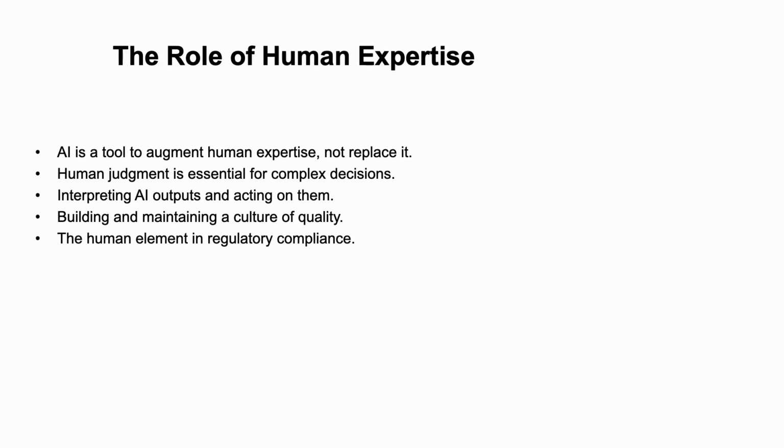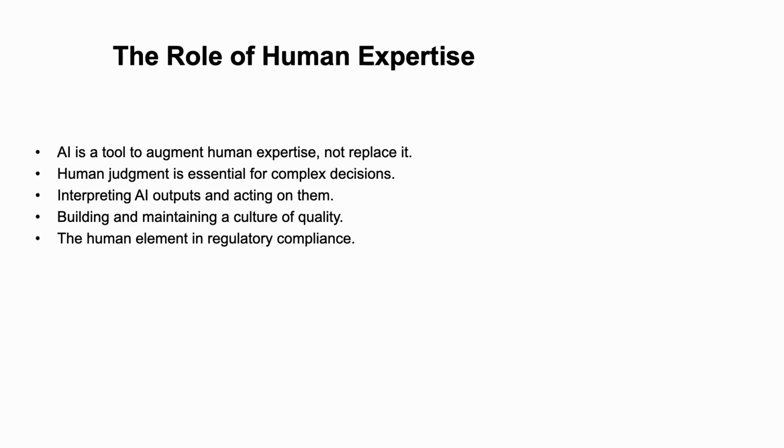In the discussion of AI and automation, it's vital to remember the indispensable role of human expertise. AI is a powerful tool, but it is not a replacement for human judgment. Human experts are needed to interpret the outputs of an AI system, to make complex decisions, and to address issues that AI cannot.